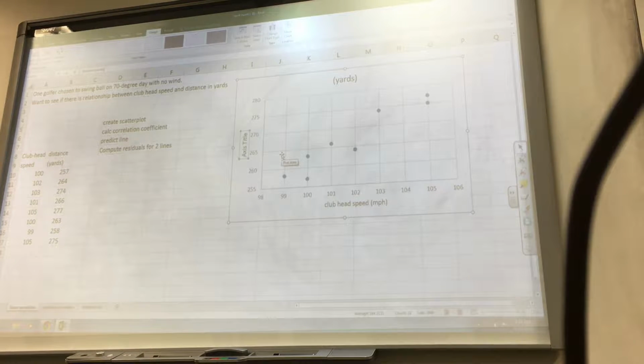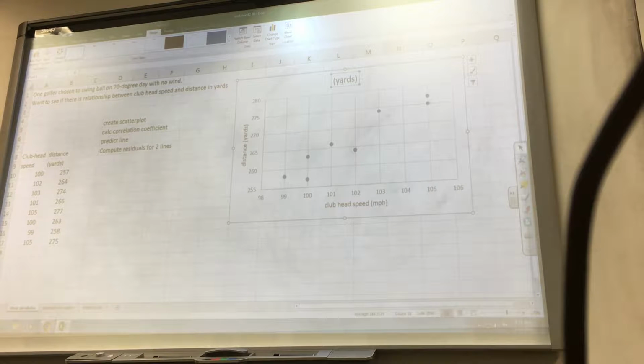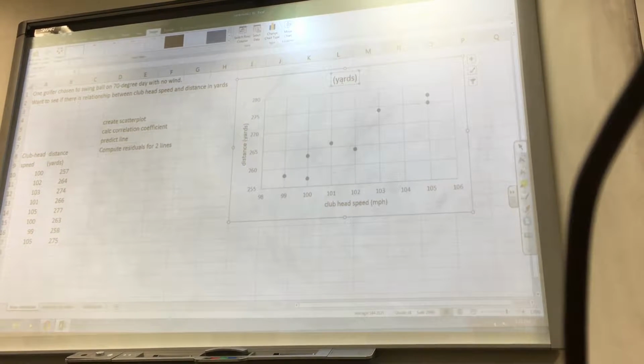Okay? Now, what would be a good title? Correlation of club head speed and distance. There we go. I like it.